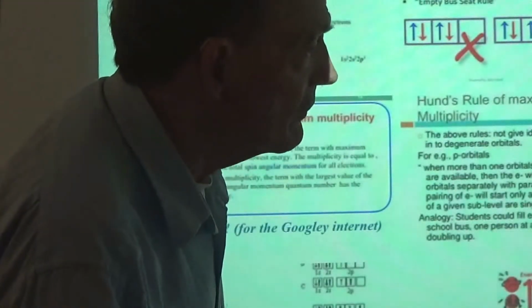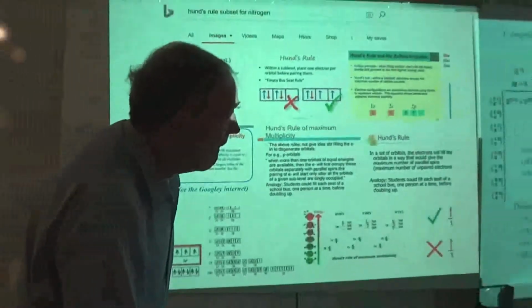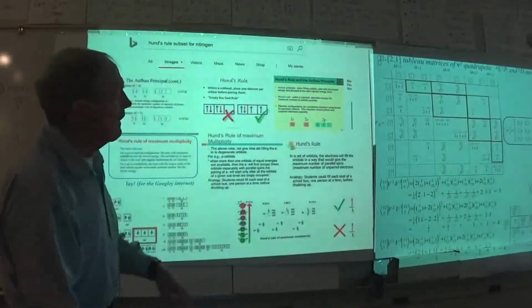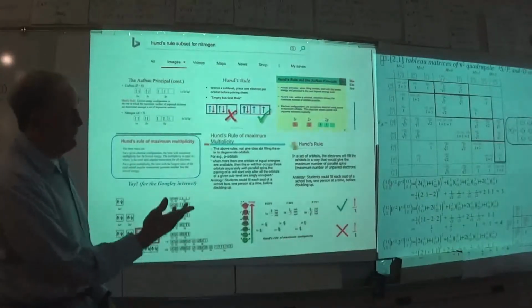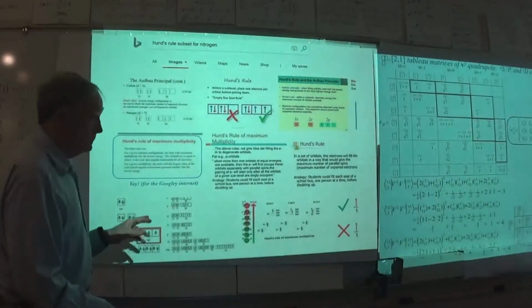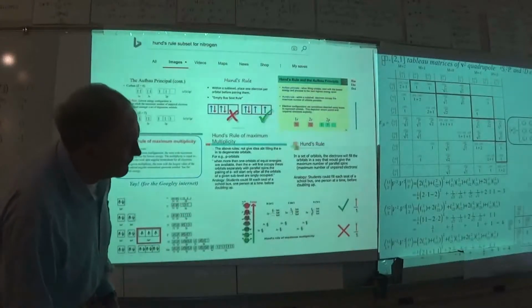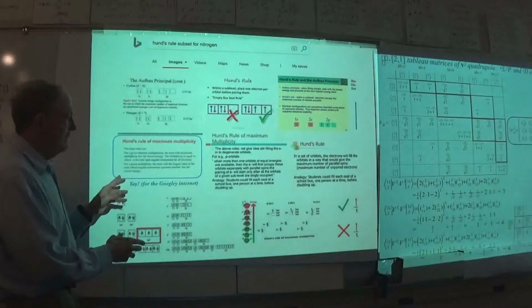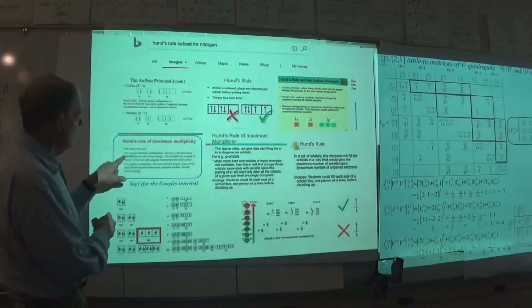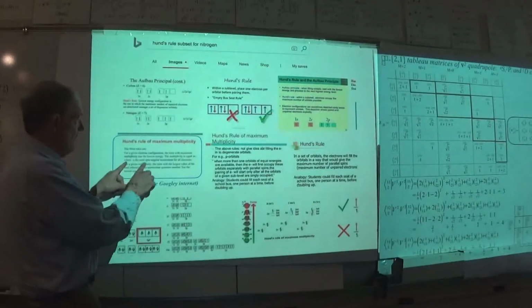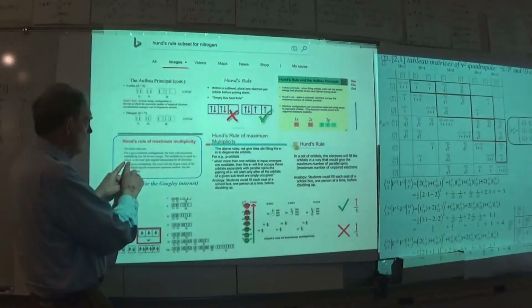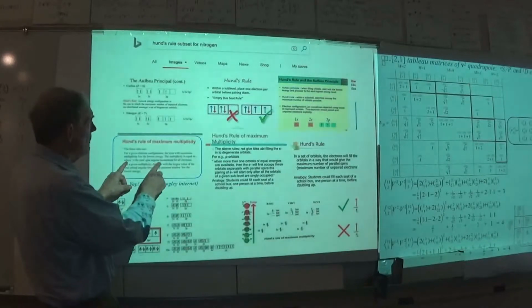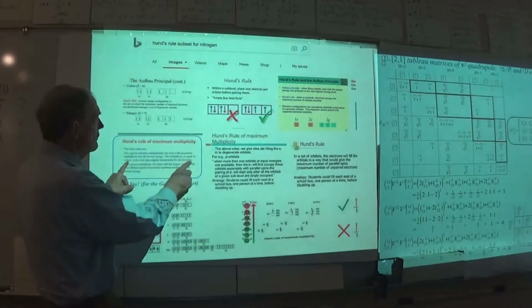I'm going to go ahead and move this guy up to the quadrupole region. And that's our prediction right there. I see that it's gone onto the chalk tray, but in any case, this says here that the multiplicity is equal to 2S plus 1, where S is the total spin angular momentum for all electrons.